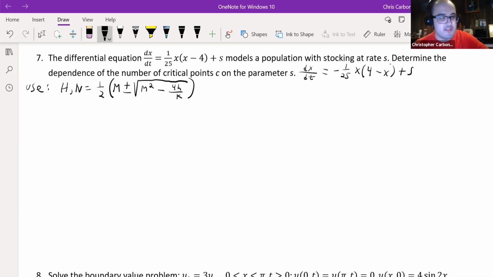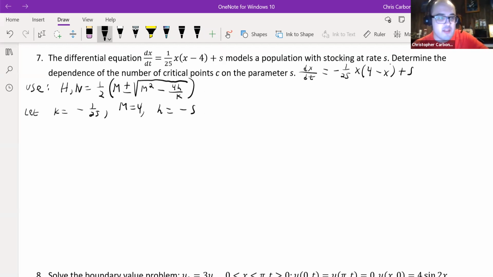So here we are going to let k be negative 1/25, m be 4, which is why we rewrote that. And then since we have some value h here, that's going to correspond to a negative value of s, since h is supposed to be for harvesting.